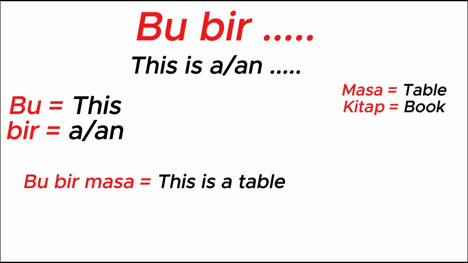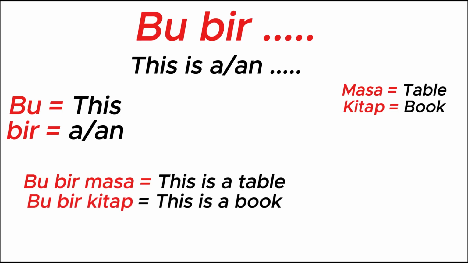So bu bir masa means this is a table. Bu bir kitap. This is a book. Bu bir means this is a, kitap means book. Bu bir kitap means this is a book. Perfect.